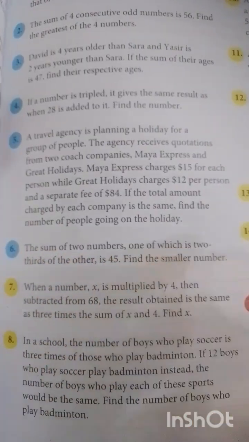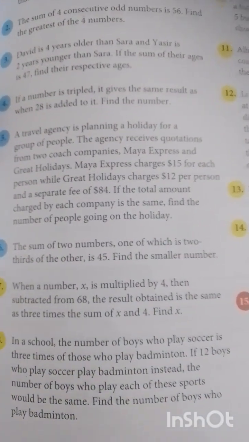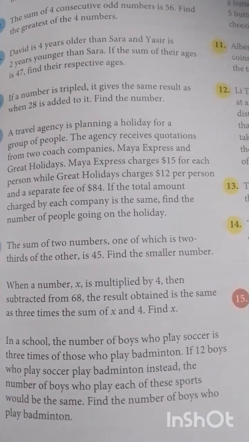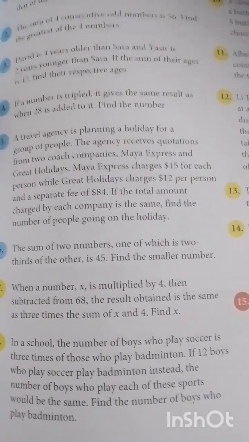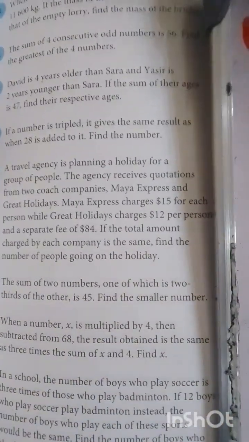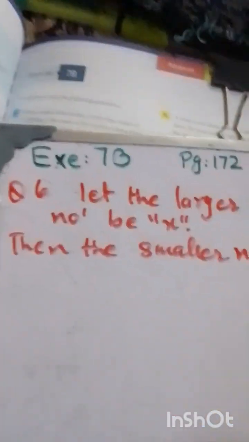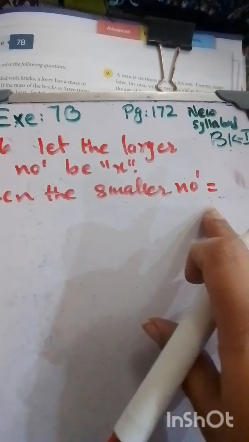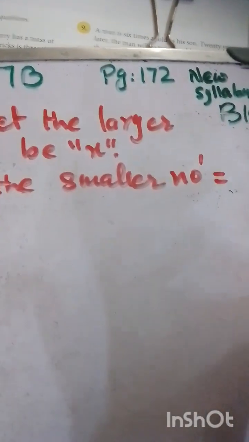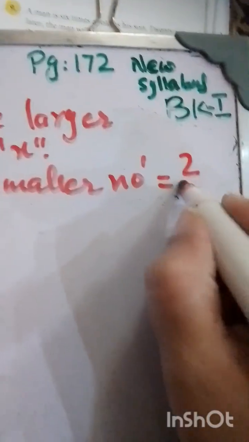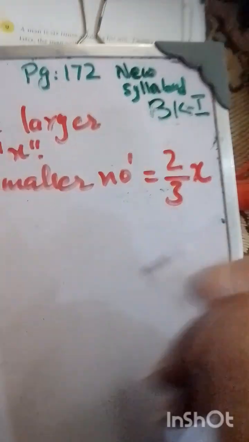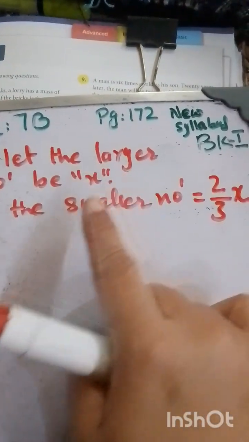Next is, the sum of two numbers, one of which is 2/3 of the other, is 45. Find the smaller number. Now extract the given information. Two numbers are given. Let the larger number be x, then the smaller number equals 2/3 of the number which we have assumed as x.